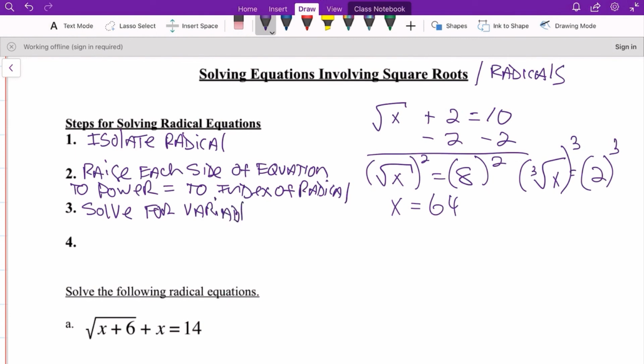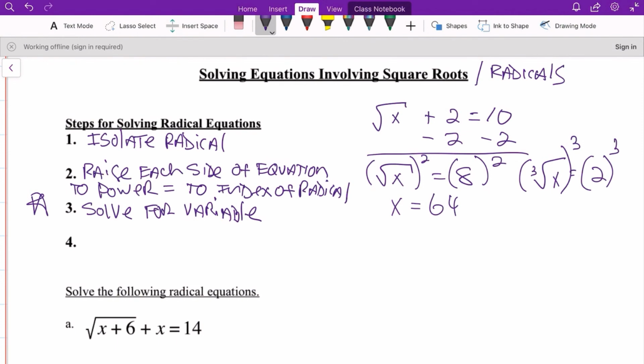In this case, the variable was x, and in this step, sometimes this can be the more involved step, because sometimes we might have to call on other things that we've learned, such as factoring, such as the quadratic formula. Sometimes we have to use synthetic division to find the zeros of the function, of what's left over.